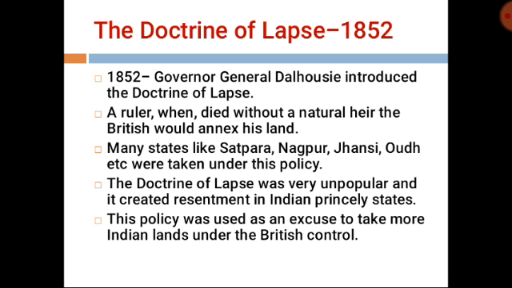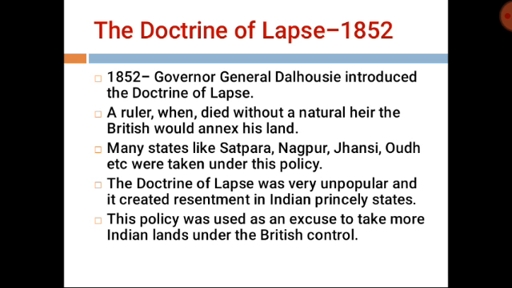Next is the Doctrine of Lapse. It was another policy made by the British in 1852. Governor General Lord Dalhousie had introduced the scheme or policy of the Doctrine of Lapse.